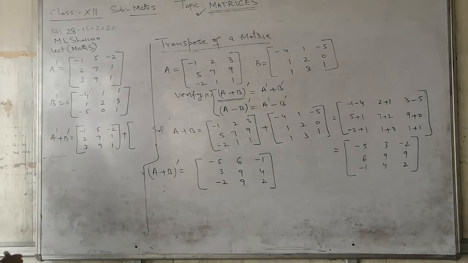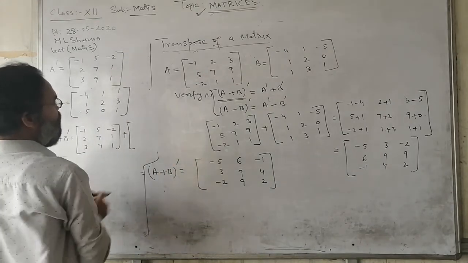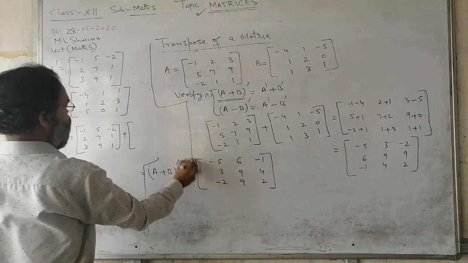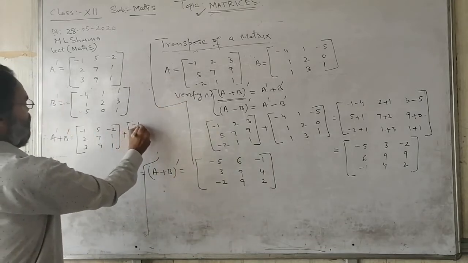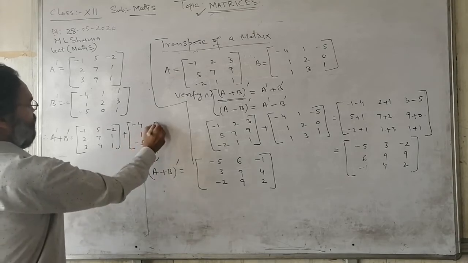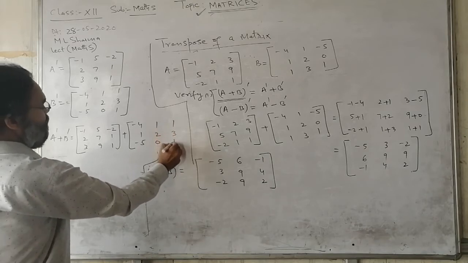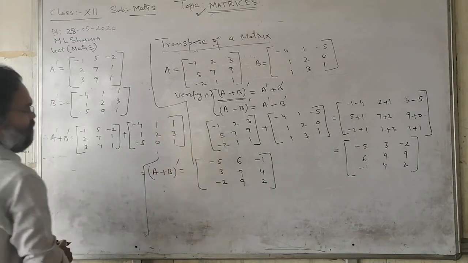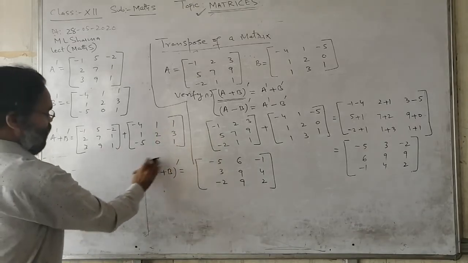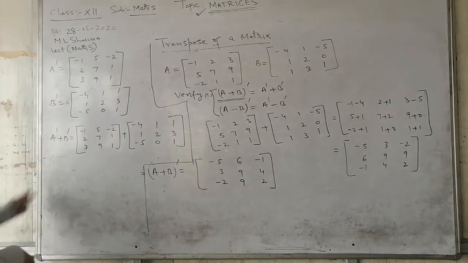The value of B transpose is minus 4, 1, minus 5, 1, 2, 0, 1, 3, 1. So I have to add these two transpose matrices.